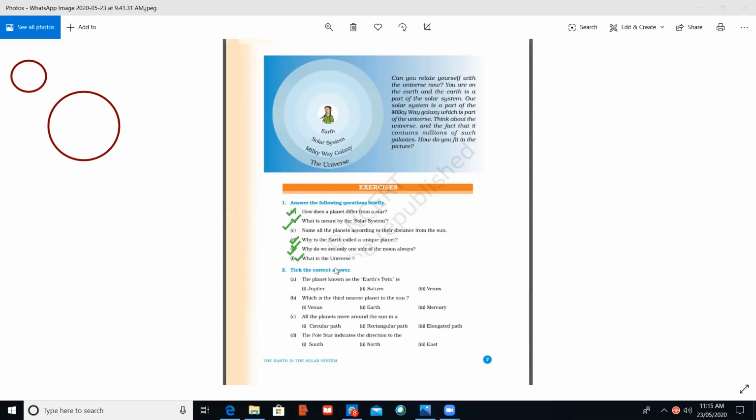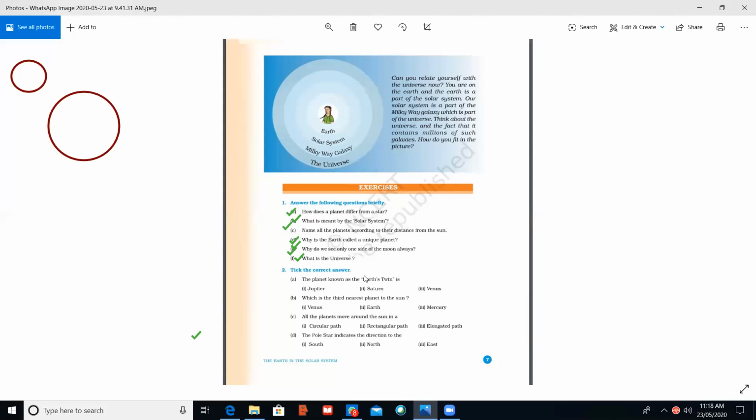What is a universe? Universe is a collection of the galaxies. Now, take the correct answers.